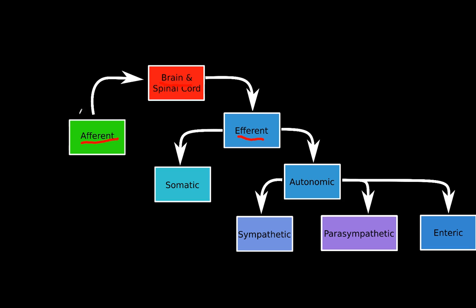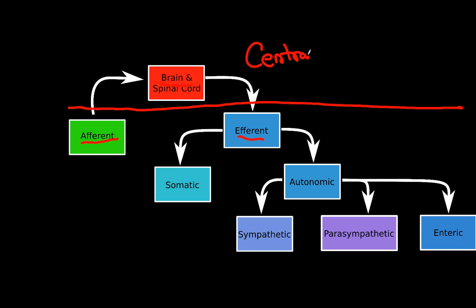So here, just for a second, let's draw a line right here. Really, we have two main divisions in our nervous system. We have the brain and spinal cord and some other things slightly associated with this, and that is what's known as the central nervous system. Then we also have the afferents, the efferents, and all the divisions of the efferents that we're going to talk about in just a moment, and those are the peripheral nervous system.